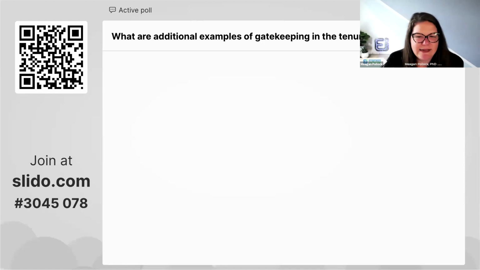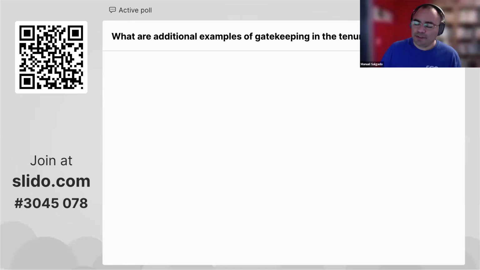Manuel, what were you going to add? I'm not sure if it falls under gatekeeping, but I wonder about the assumptions we make, and I was thinking more from a student perspective. As professors, when we make assumptions about students having quote unquote college-going skills already, I wonder if that falls into a gatekeeping role.